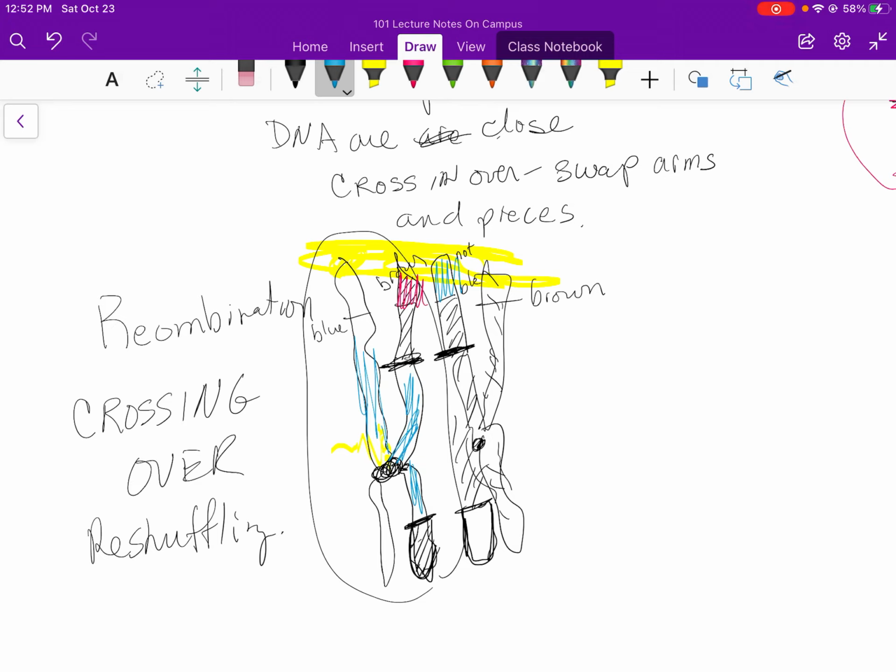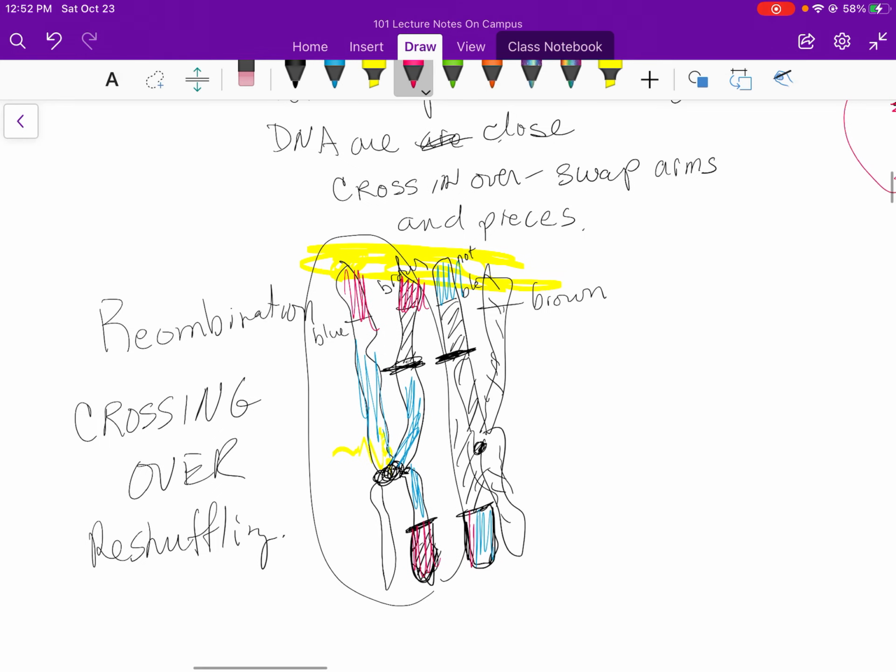It gets pretty wild and crazy, I guess. You could have some red over here. This one might be red. This might be blue on this side down here, and this would be blue. So basically it becomes red chromosome. So this all becomes one big mishmashed up collection of genes.